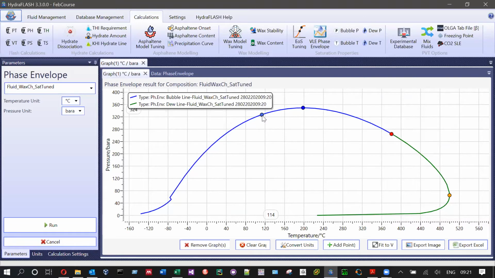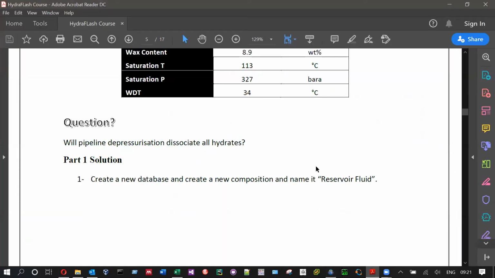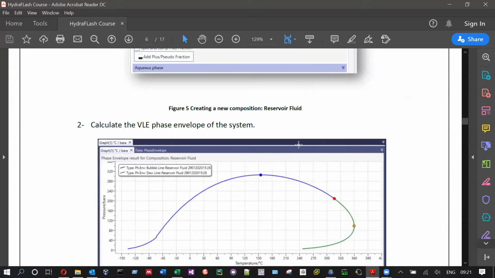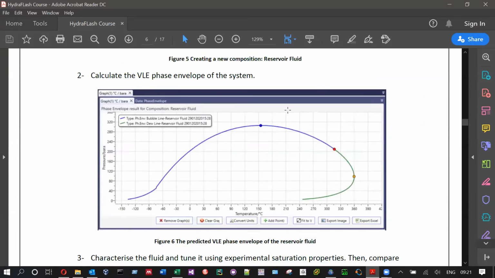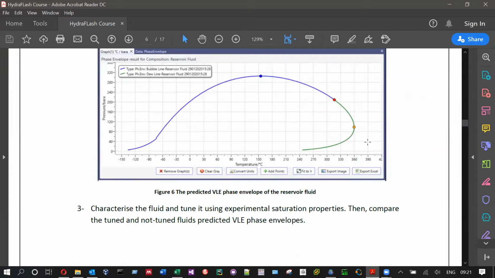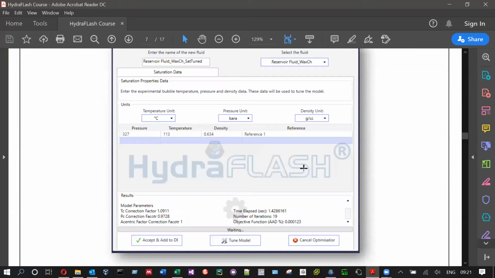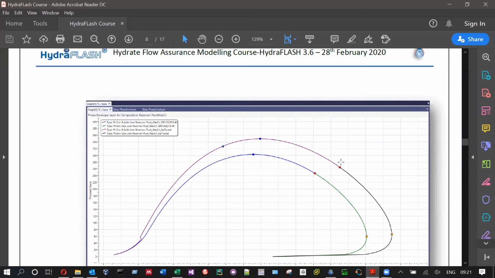So, okay, if you go to page 8, we have done that, we have created the database. This is the phase envelope before tuning, and this is the characterization, this is the tuning, and this is the comparison between tuned and untuned phase envelope.